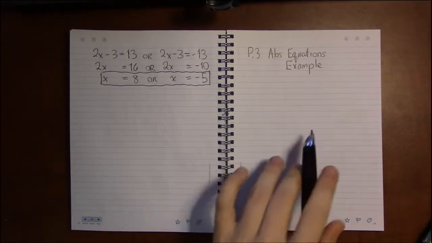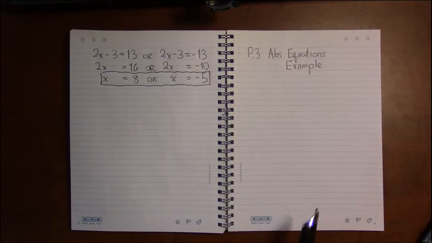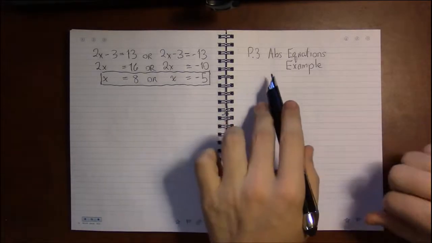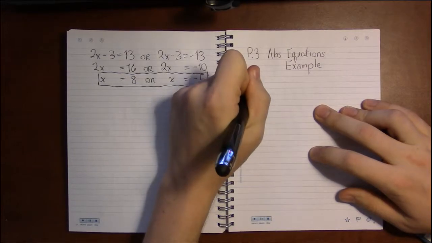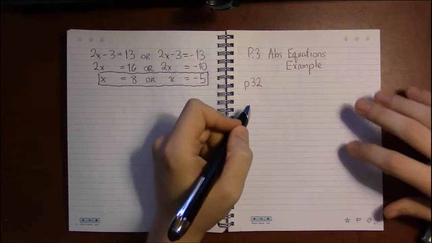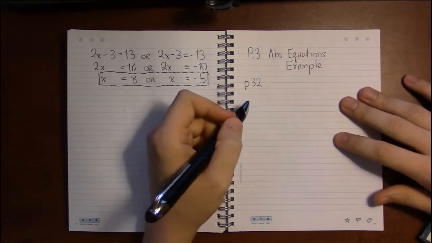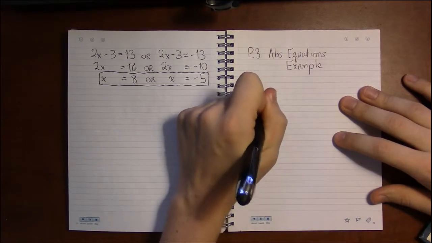Alright, well, let's take a look at some examples of solving more absolute value equations. So we're in section P3, and I'm looking in the homework on page 32. So let's take a look at something like, say, 48.